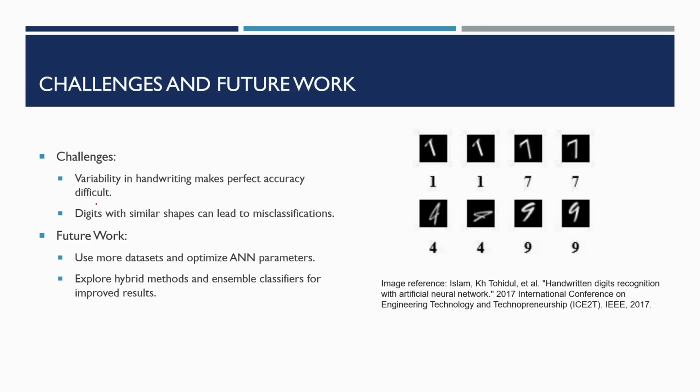So while this study achieved high accuracy, the authors noted these challenges. The main difficulty is the variation in handwriting, which can lead to misclassification, especially for digits with similar shapes like 1 and 7, as you can see, they have almost similar shape. 4 and 9, here also you can easily miscalculate it and the accuracy can go down.